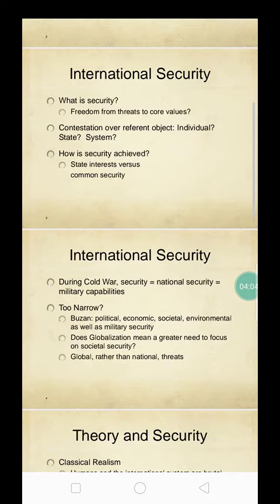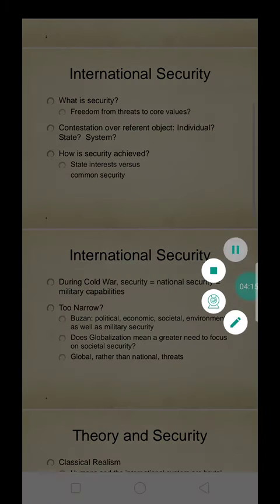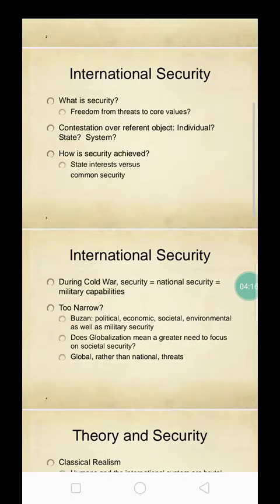Security, in this interpretation, is the ability to coerce. So is the concept of national security still valid? This is the question we can ask about national security.